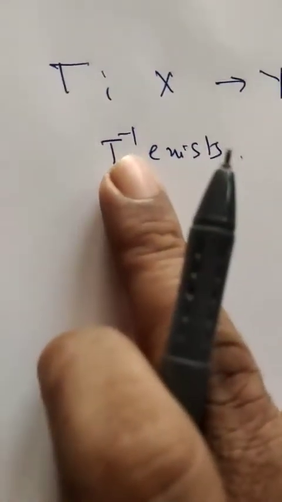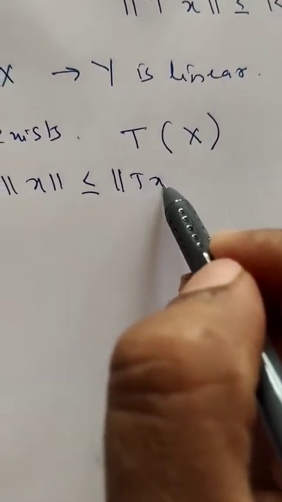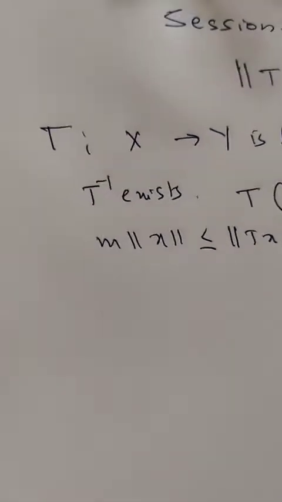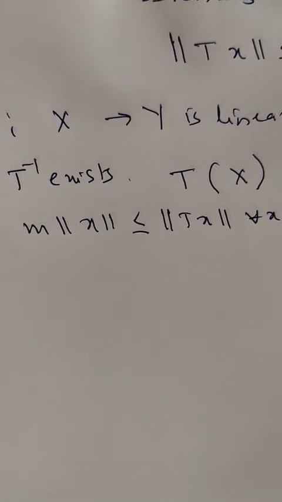T inverse is continuous means what? What is the condition? That condition we will prove now: m times norm of x is less than or equal to norm of T of x for every x belongs to X. You know that continuity implies boundedness and boundedness implies continuity.